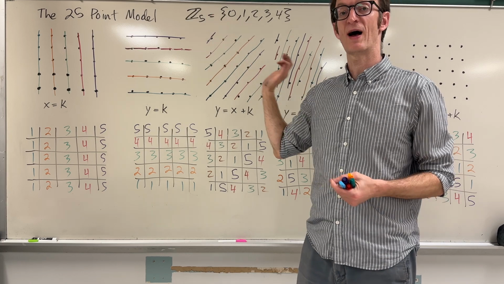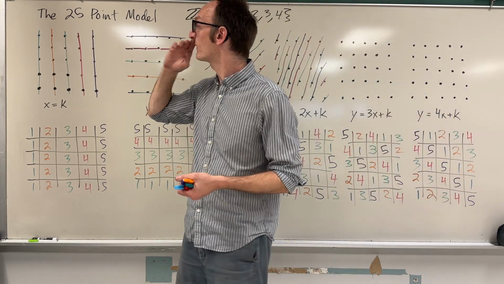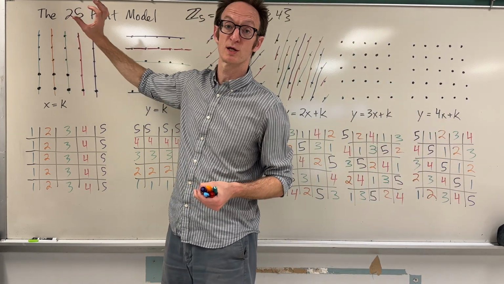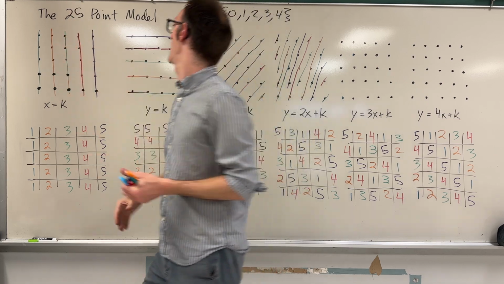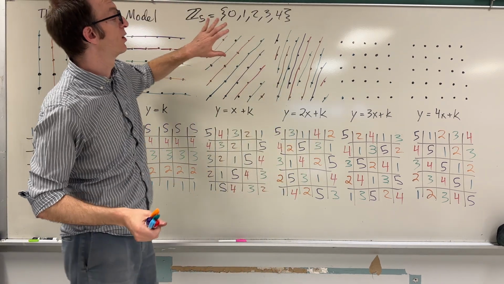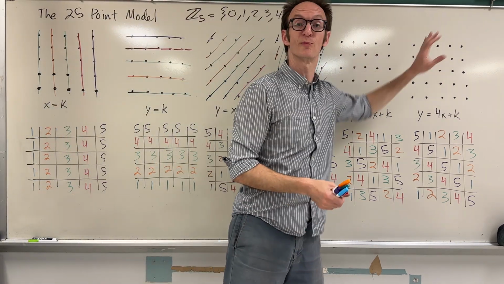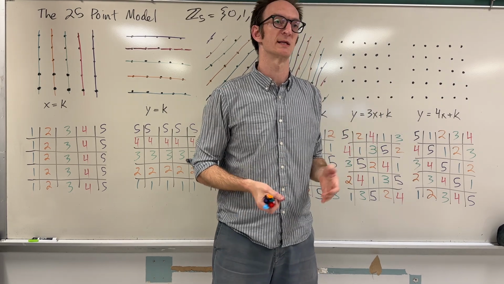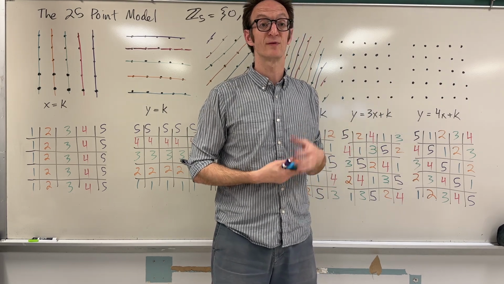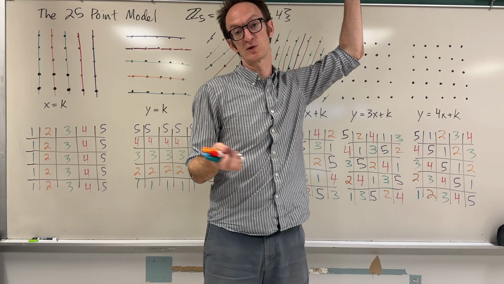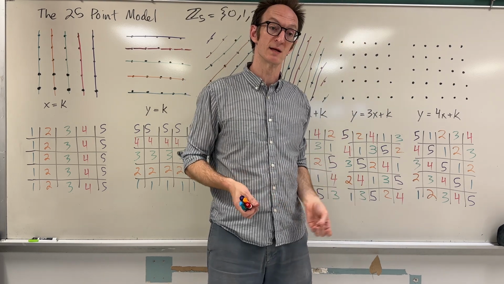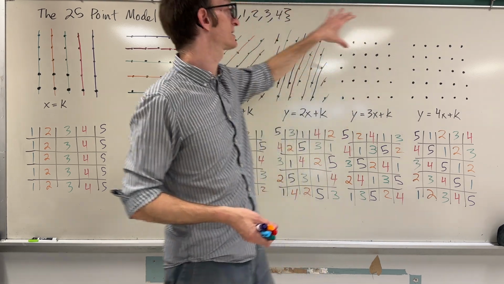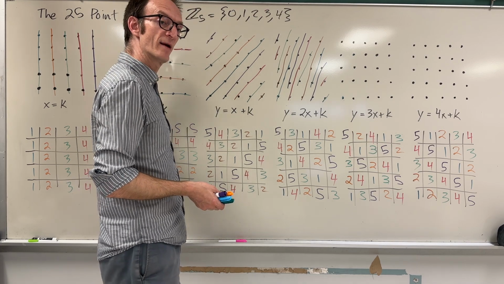In this 25-point model, all the lines can either be pointing straight up with slope infinity, or have slope 0, slope 1, slope 2, slope 3, or slope 4. And those are the only possibilities. So you have 6 different directions that a line can point in. This gives rise to 6 different equivalence classes of parallel lines.